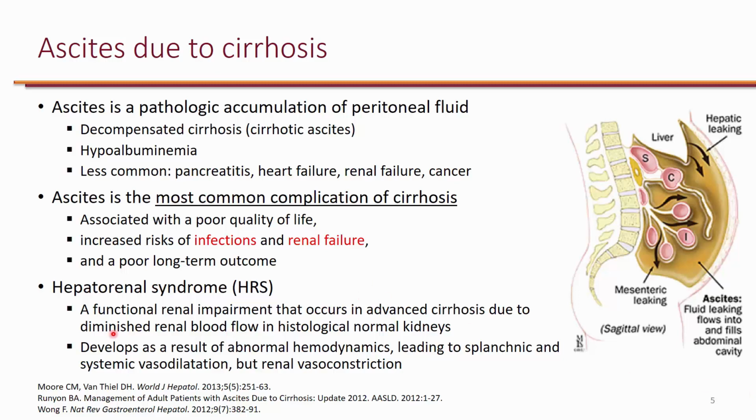The kidneys may actually be normal, but because of diminished renal blood flow, you get renal failure. And because this is due to the hepatic failure, this is together referred to as hepatorenal syndrome. Now, when patients develop hepatorenal syndrome, unfortunately, the mortality rates are very high. There are two types of hepatorenal syndrome. However, we're not going to talk about them because that's beyond the scope of this course.